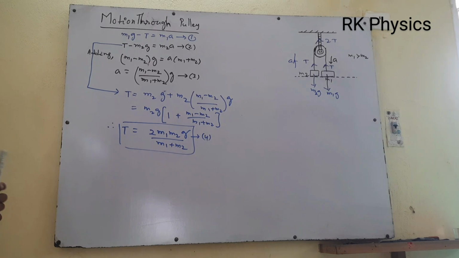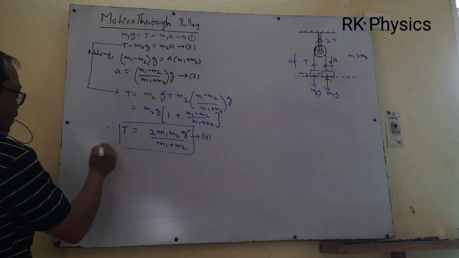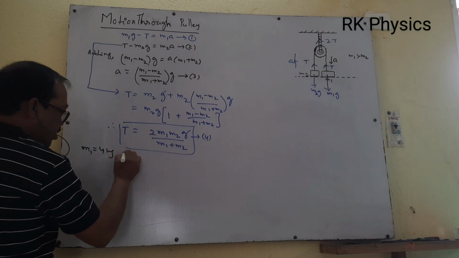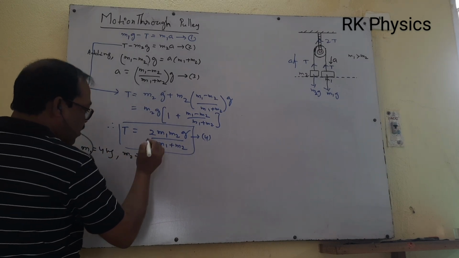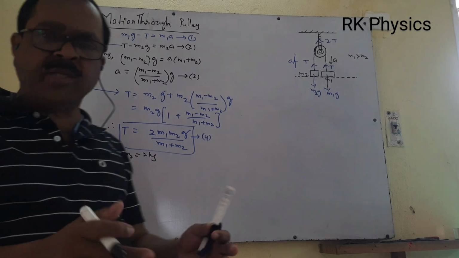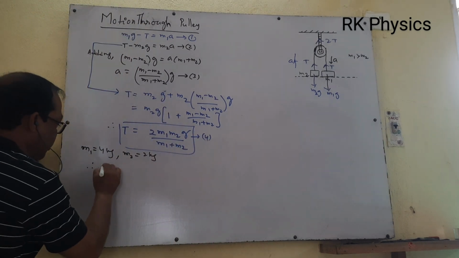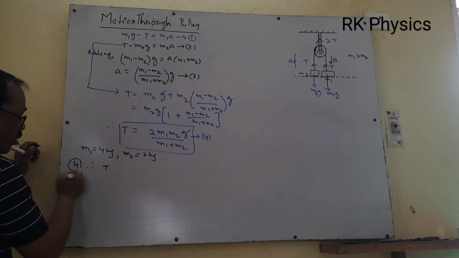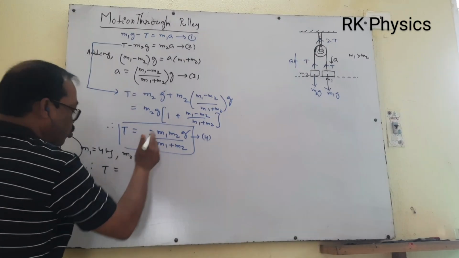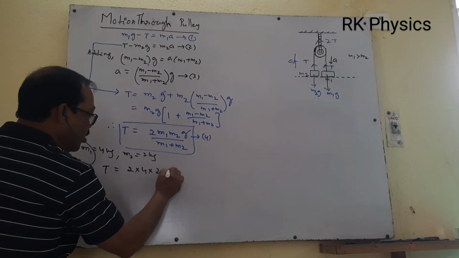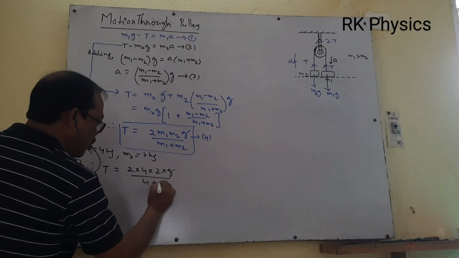Now let us try an example. If you take M1 equal to 4 kg and M2 equal to 2 kg, you take g as 9.8 or 10, whatever it may be, but you put g as g. Then what is T? I am taking equation 4. T is 2 times M1 is 4, M2 is 2, into g divided by 4 plus 2.